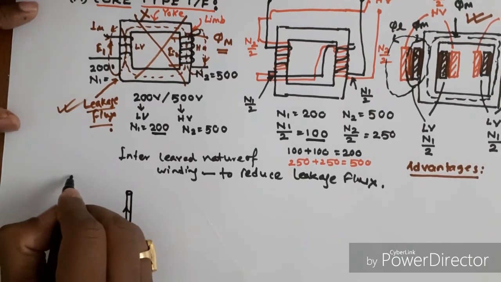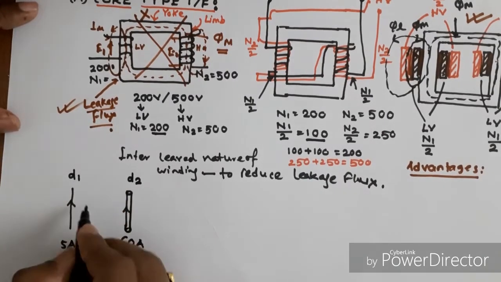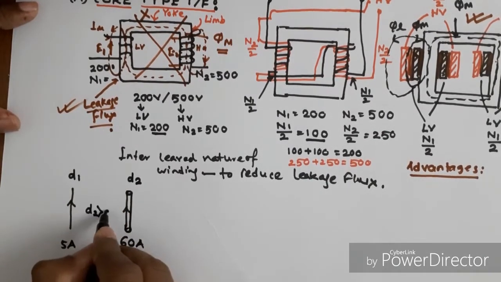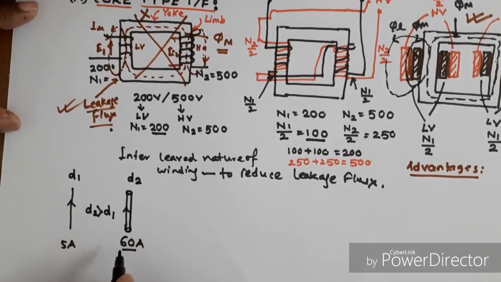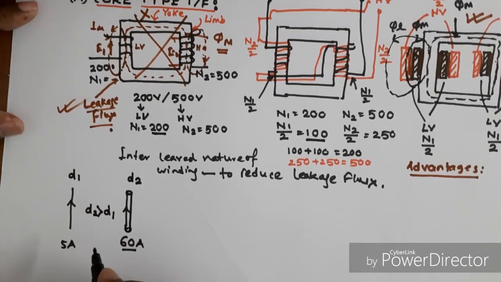If the diameter of this conductor is D1 and the diameter of the other is D2, then D2 is greater than D1. The higher the current rating, the higher the cross section area of the conductor. We can say the current rating of a conductor is decided by its cross section area.